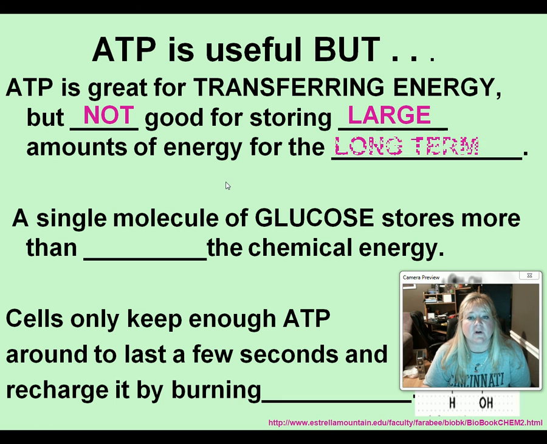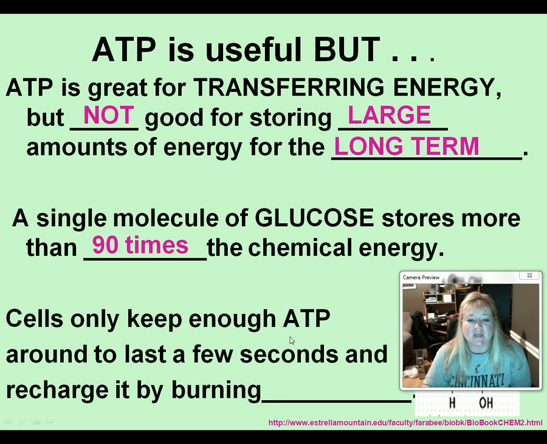All right, ATP is great for transferring energy, but not good for storing large amounts of energy for the long term. A single molecule of glucose stores more than 90 times the chemical energy. Now, you don't need to keep all that around. Glucose has a lot more stored energy, but ATP is used on an as-needed basis.